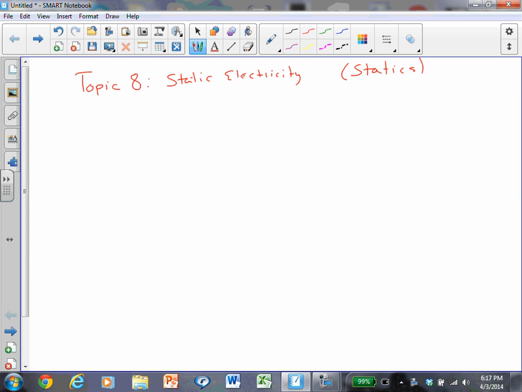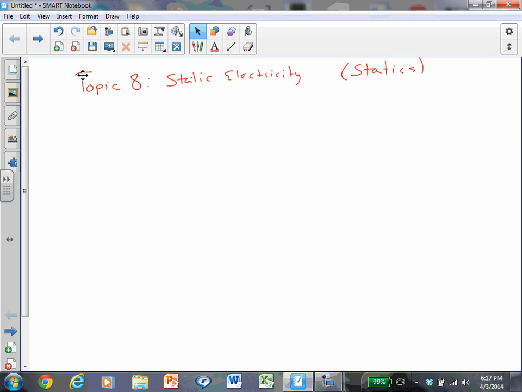Okay, and mass is an inherent property of elementary particles. So you could have a proton. You could have an electron.